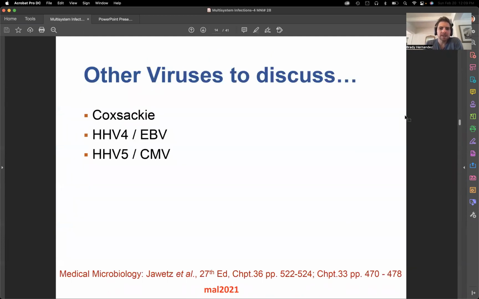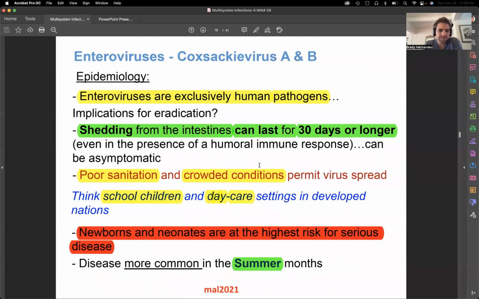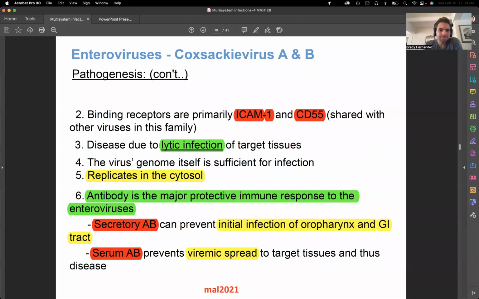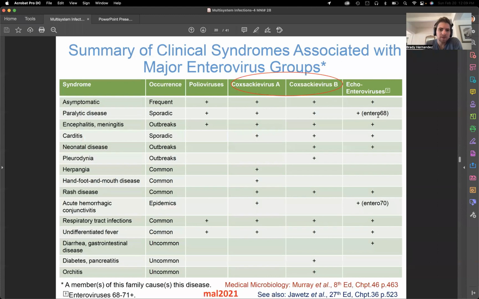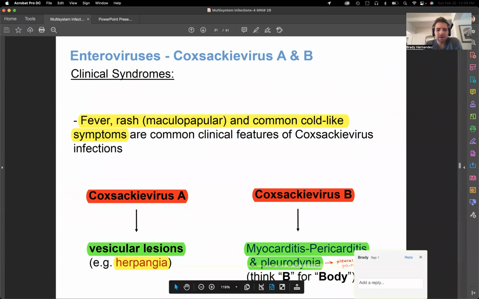All right, then Coxsackie, remember that can cause heart issues there. So fecal oral route. Coxsackie A, you're looking for herpangina, vesicular lesions, whereas Coxsackie B is more of your myocarditis, or really it's pancarditis.